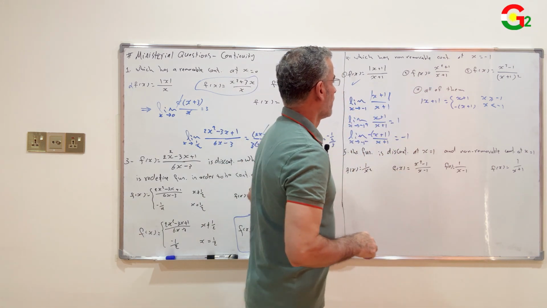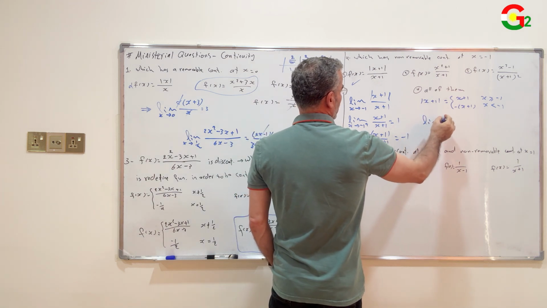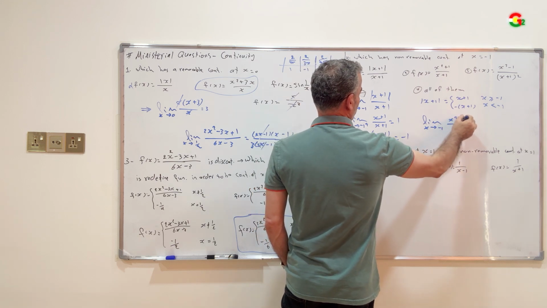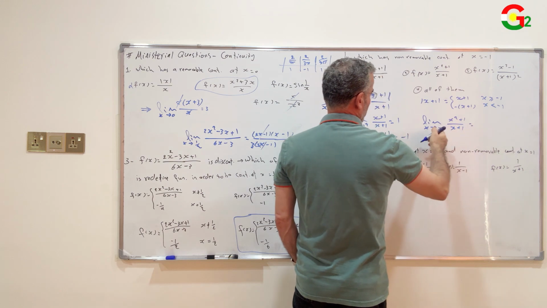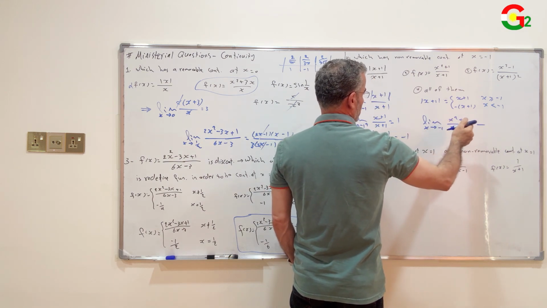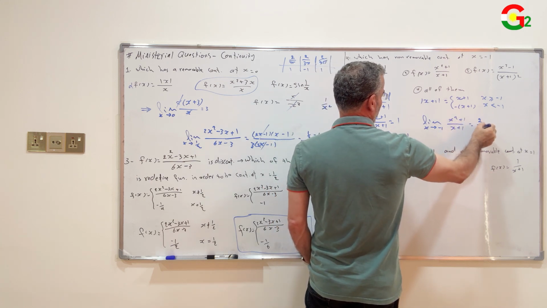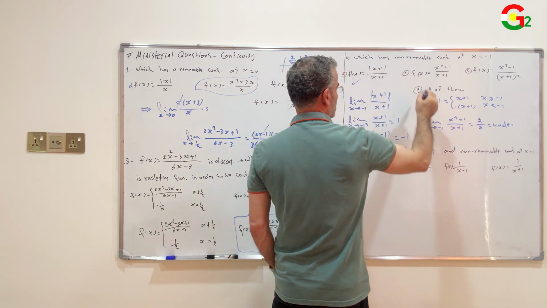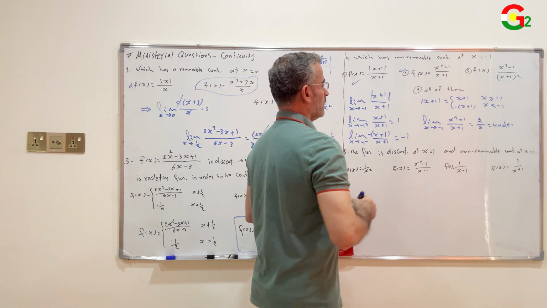So this function has non-removable discontinuity. Let me see the second one. Limit as x approaches negative 1 of x squared plus 1 over x plus 1. If we substitute every x with negative 1, then the answer will be 2 over 0, undefined. So this function also has non-removable discontinuity.